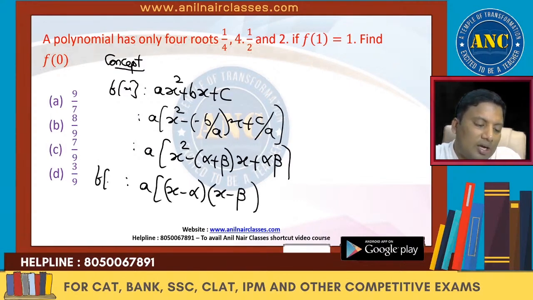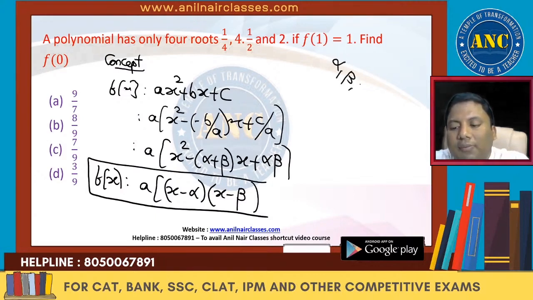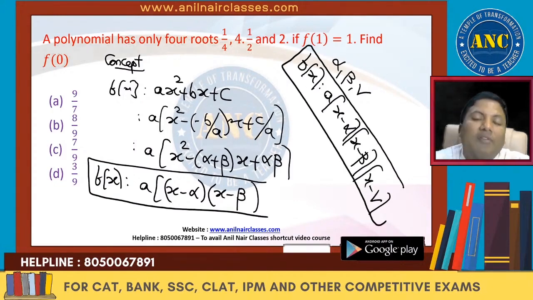That means any quadratic expression with 2 roots, alpha and beta, can be written as a into x minus alpha into x minus beta. If there are 3 roots, alpha, beta, gamma, this can be written as a into x minus alpha, x minus beta and x minus gamma. I hope this concept is clear to you. This will help us in finding the value of a.